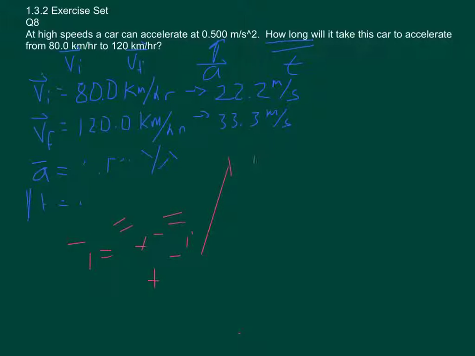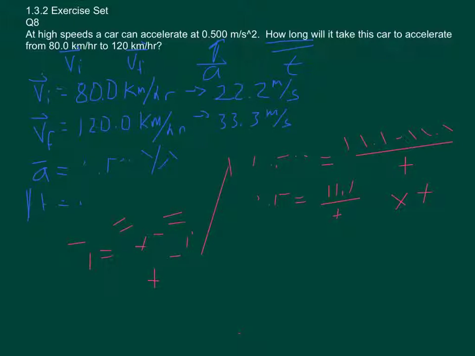We know the acceleration is 0.5. And that's equal to 33.3 minus 22.2 all over t, which we're solving for. So 0.5 equals 11.1 over t. Fancy algebra. Want that t at the bottom, multiply both sides by t.